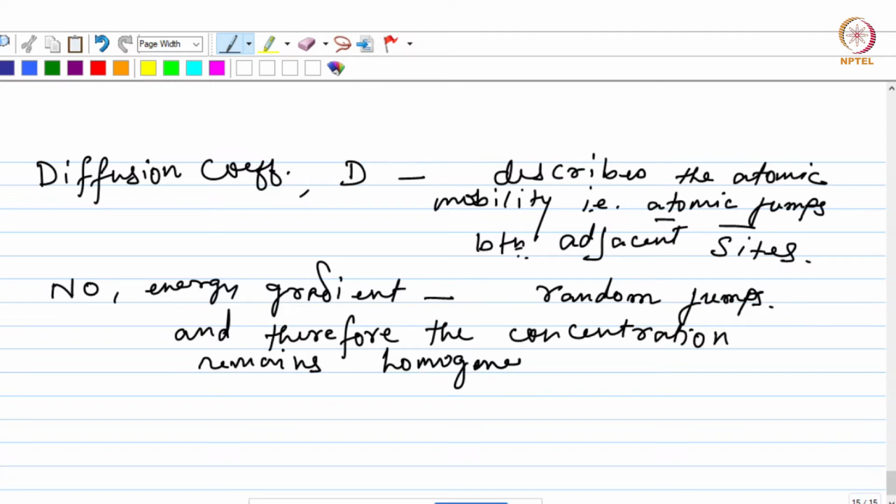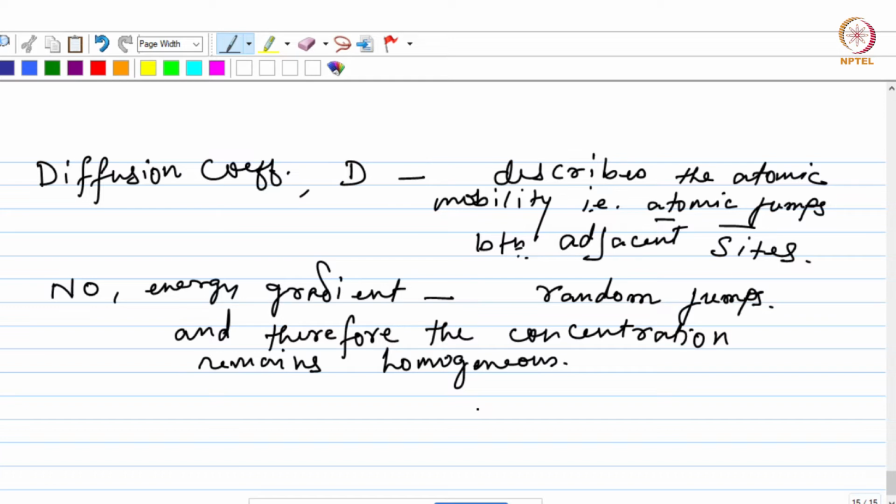What it essentially means is that an atomic jump in a particular direction is balanced by an equal number of jumps in the opposite direction, right? That is why the concentration remains homogeneous.